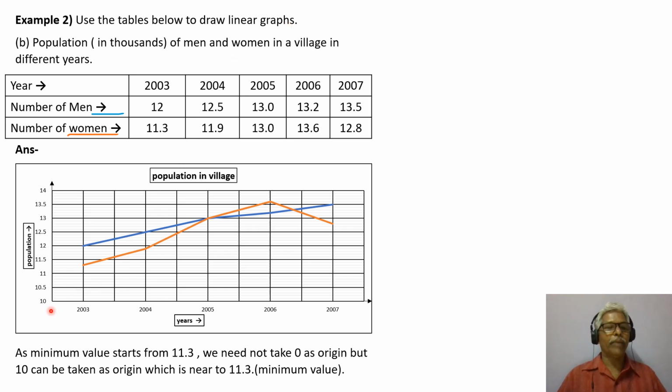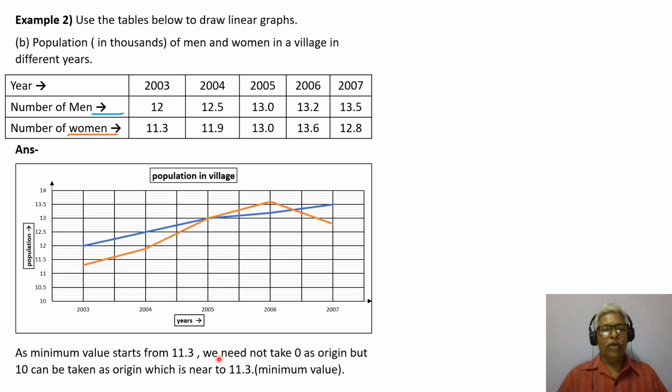Now there is an important statement here, because if you have noticed, this graph doesn't start from 0 on the y-axis. Because there is no number below 10 in any of this data, we can start from 10. The minimum value is 11.3 here.